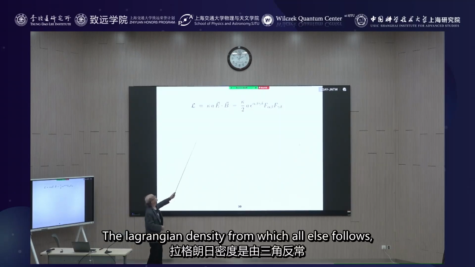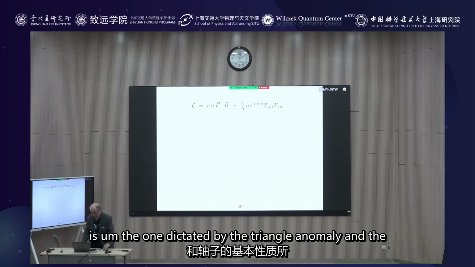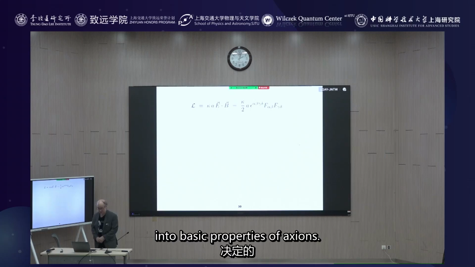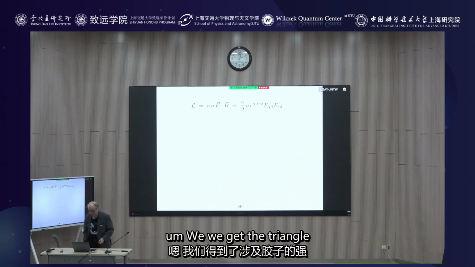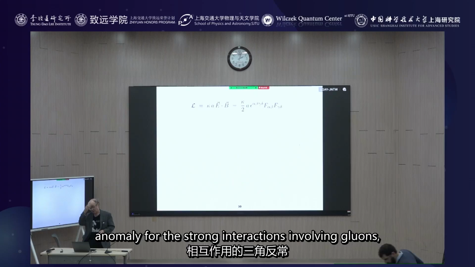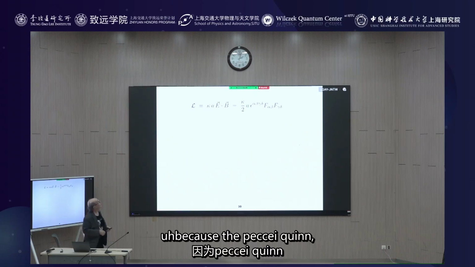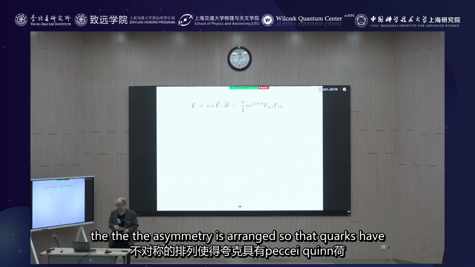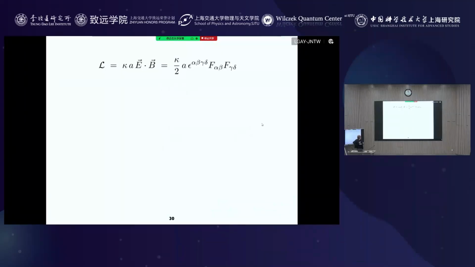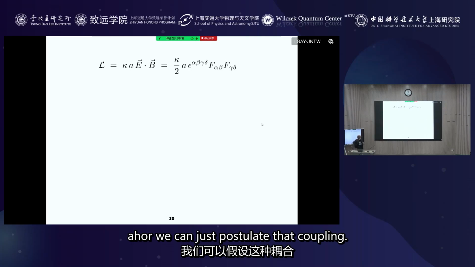The Lagrangian density from which all else follows is the one dictated by the triangle anomaly and the basic properties of axions. We get the triangle anomaly for the strong interactions involving gluons because the asymmetry is arranged so that quarks have Peccei-Quinn charge, or we can just postulate that coupling.